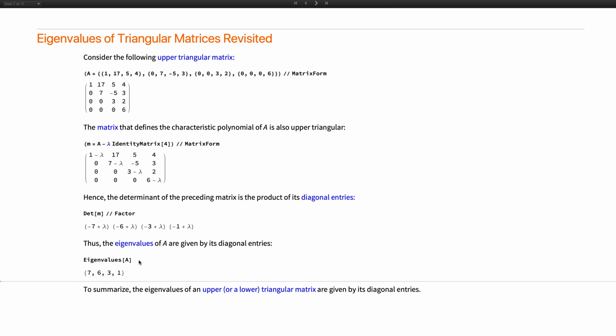In this case, they are 7, 6, 3, and 1, which are exactly the diagonal entries of the original matrix. So you could have an upper or a lower triangular matrix, and you can just read off the eigenvalues by looking at the diagonal entries.